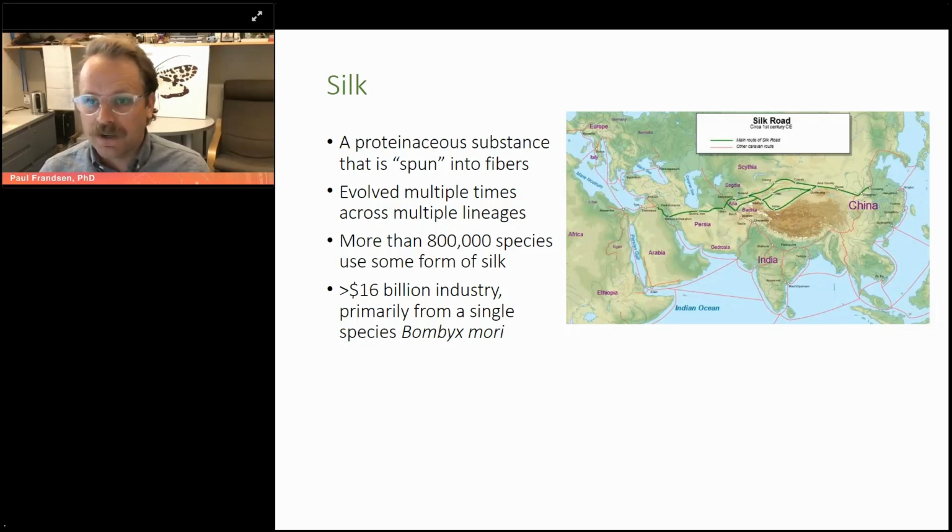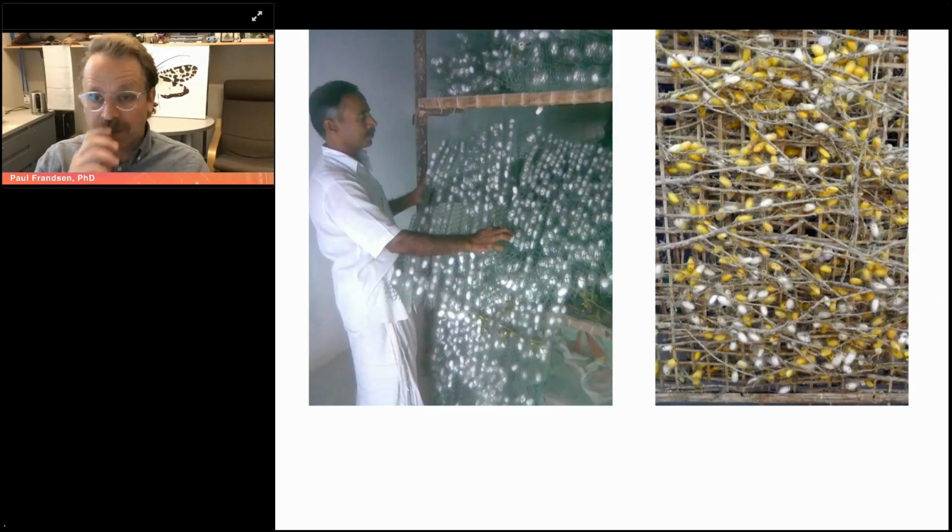And silk is a very useful biomaterial, and it's been used for centuries. And primarily, the products that we talk about from silk are derived from a single species called Bombyx mori, or the silkworm moth. And so the silk industry, or the sericulture industry, is largely based on rearing these silkworm moths and then harvesting silk fibers from the cocoons that have been reared, as you can see in these images here.